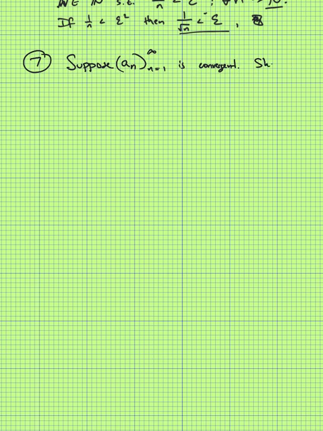And what we had to show is that the sequence b sub n, which was the max of a1 up through an, is also convergent. Okay, so this one I think is a little trickier than the previous one. So let me just give you some examples before going through the proof.